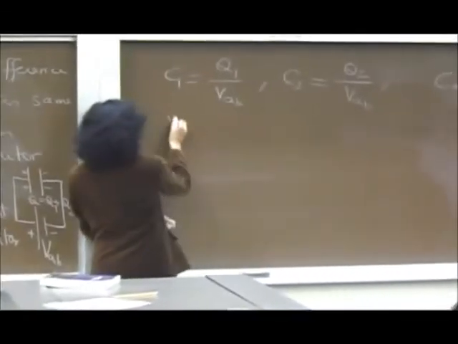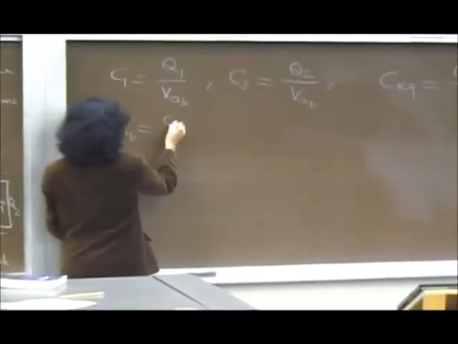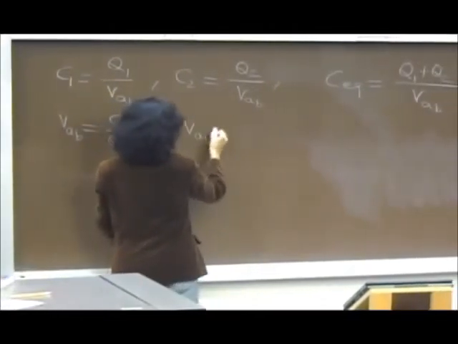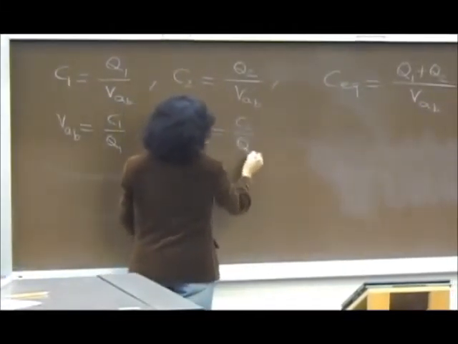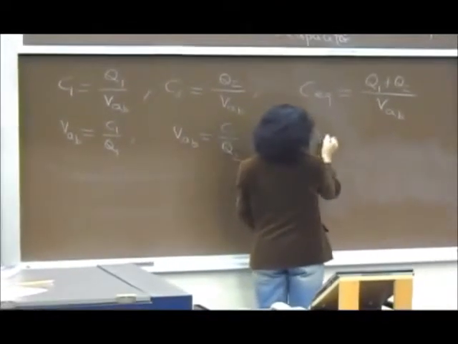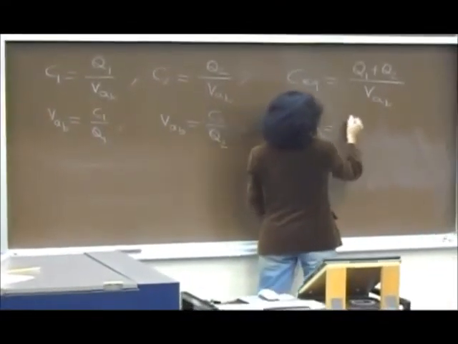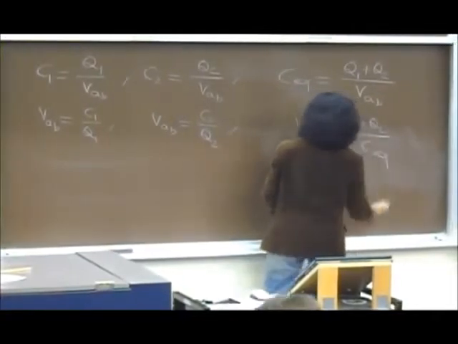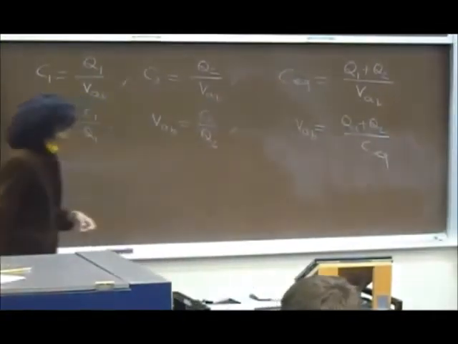So look, from here you are getting VAB is equal to C1 over Q1. From here you are getting VAB is equal to C2 over Q2, and from here you are getting VAB is equal to Q1 plus Q2 divided by C equivalent. Right?